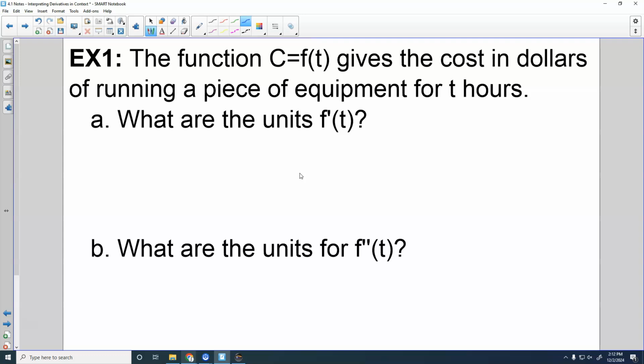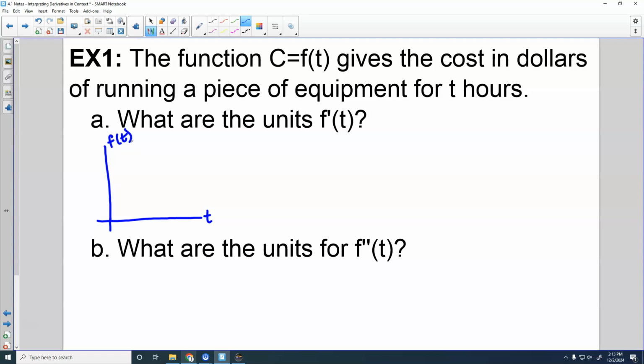So the function c equals f of t gives the cost in dollars of running a piece of equipment for t hours. So if you think about your function here, t is on your, what would be your x-axis, your horizontal axis, and then f of t is your y-axis.